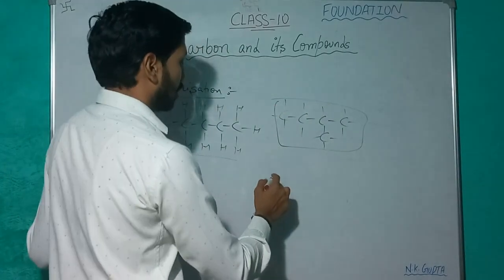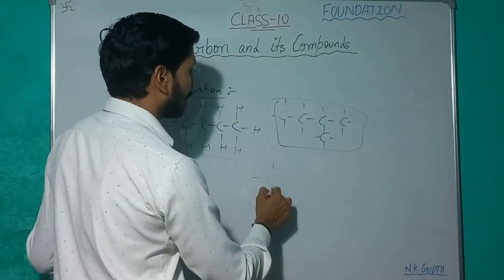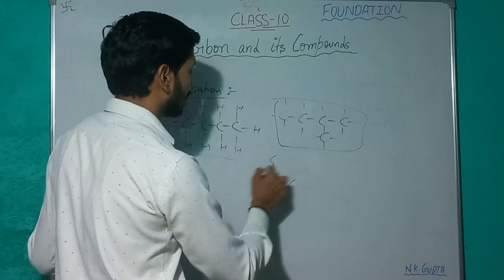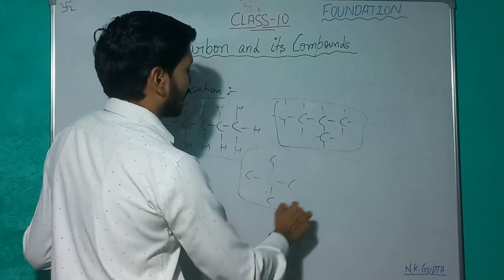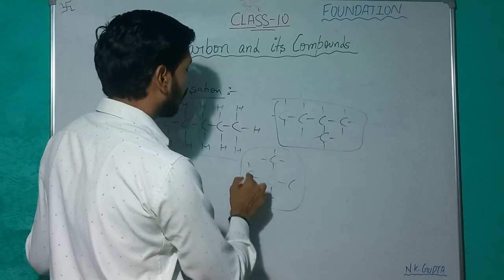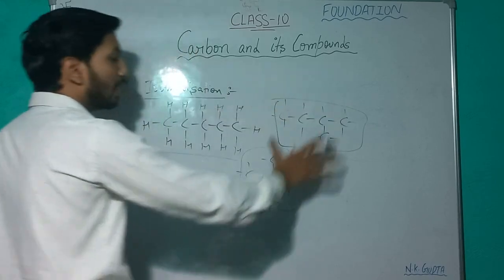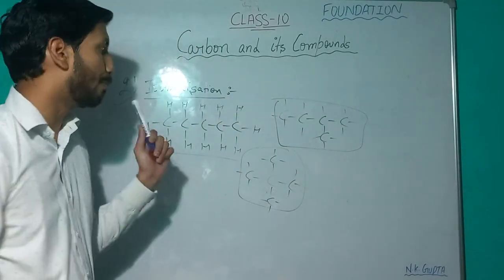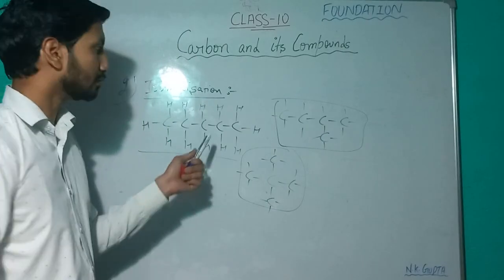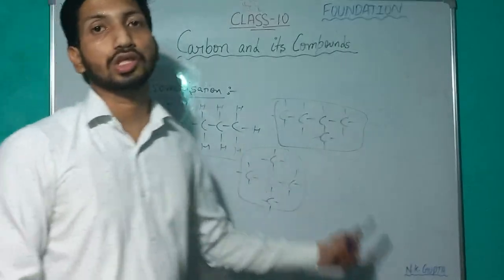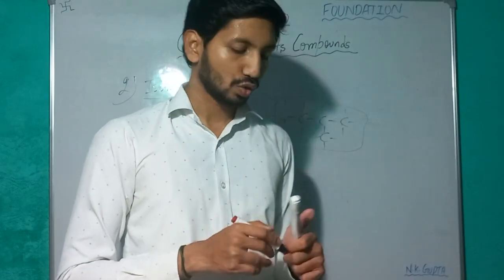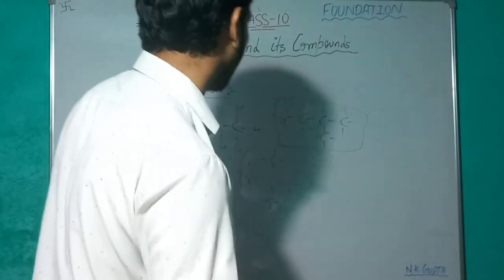Here we can modify the carbon chain like this. The number of carbon atoms and hydrogen atoms is the same in all these cases, but the difference is the structural formula. Is it okay? So that is also a main property of carbon.